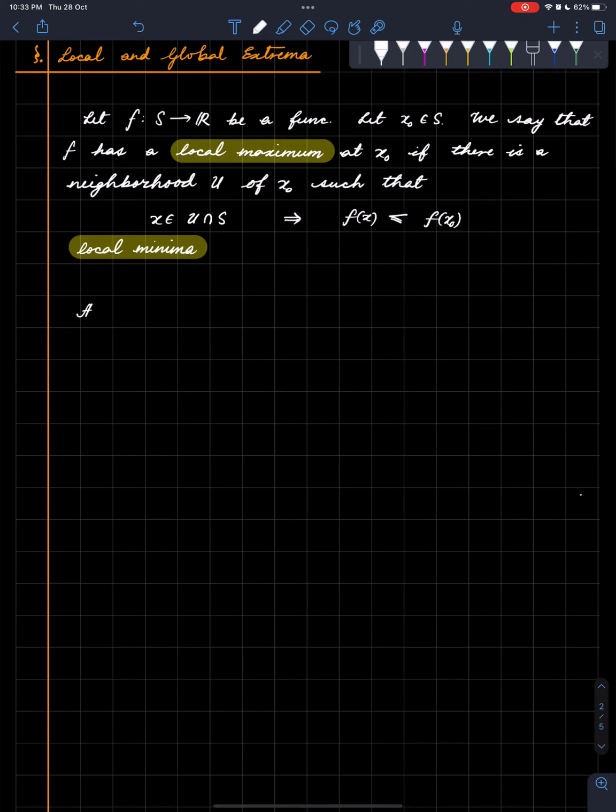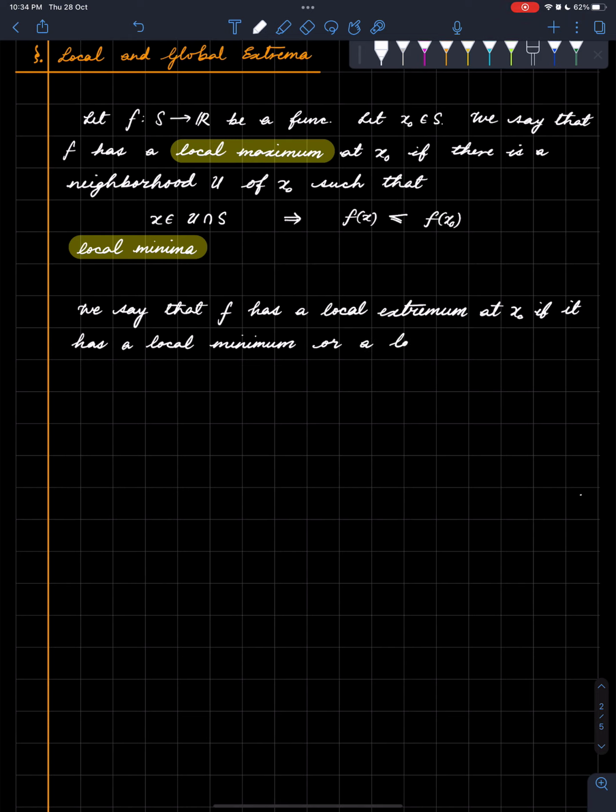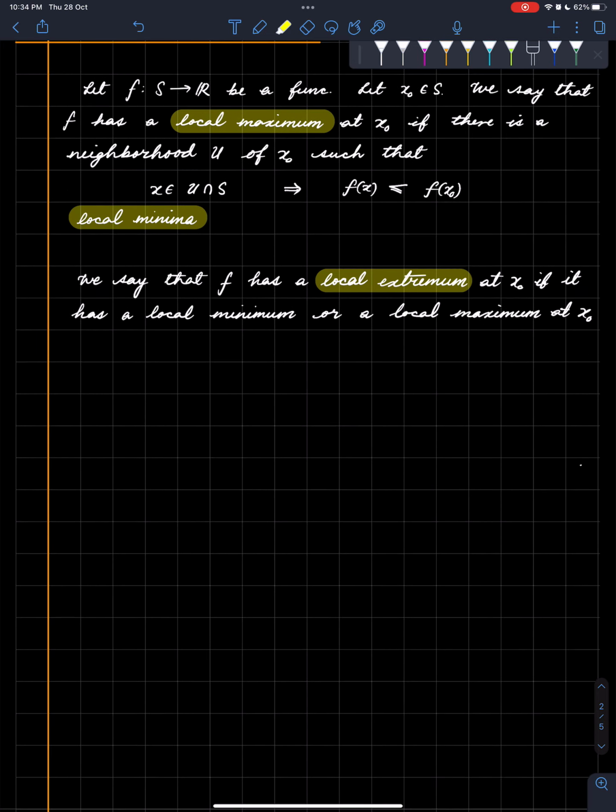We say that f has a local extrema or extremum at x naught if it has a local minimum or a local maximum at x naught. Okay.